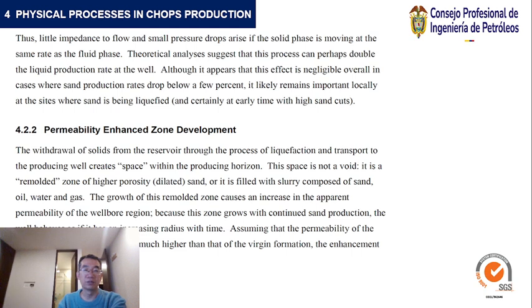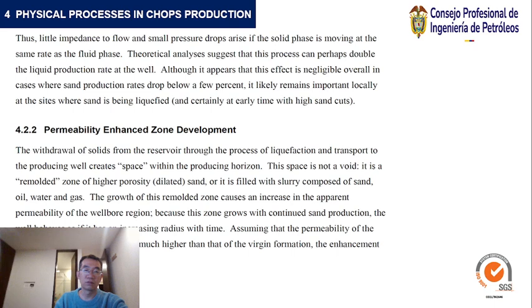Permeability enhanced zone development. The withdrawal of solids from the reservoir through the process of liquefaction and transport to the producing well creates a space within the producing horizon. This space is not a void; it is a remote zone of higher porosity sand, or it is filled with slurry composed of sand, oil, water, and gas.